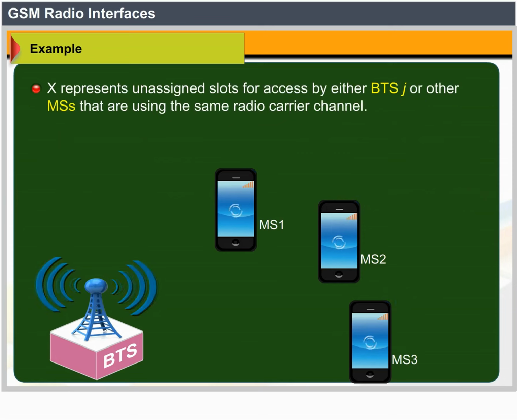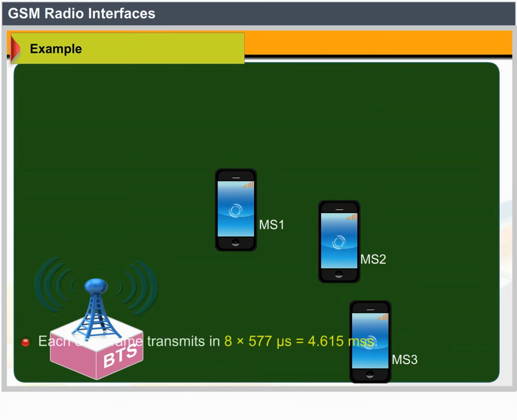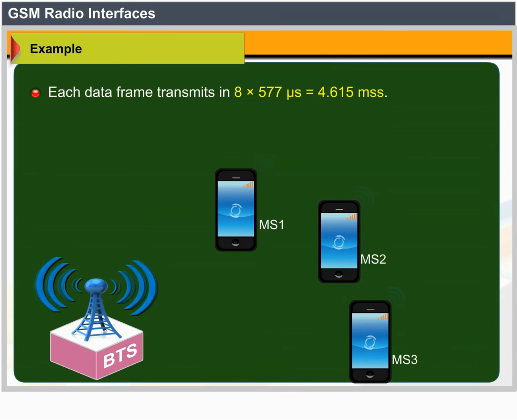X represents unassigned slots for access by either BTS J or other MSs that are using the same radio carrier channel. Since a slot is equal to 577 µs, the data burst period is equal to 577 µs. Each data frame transmits in 8 × 577 µs, which is equal to 4.615 ms.